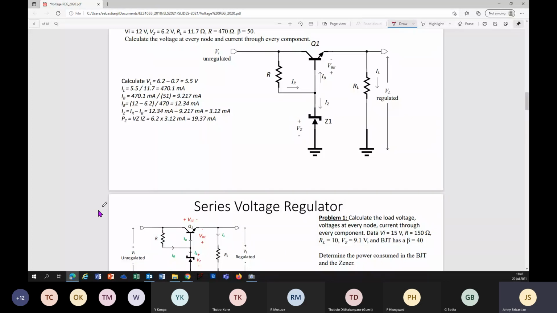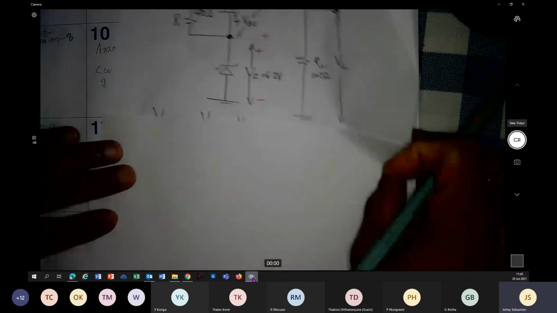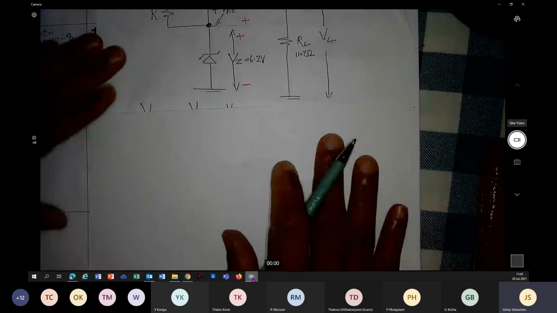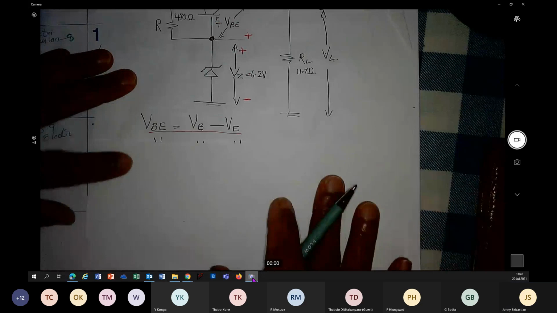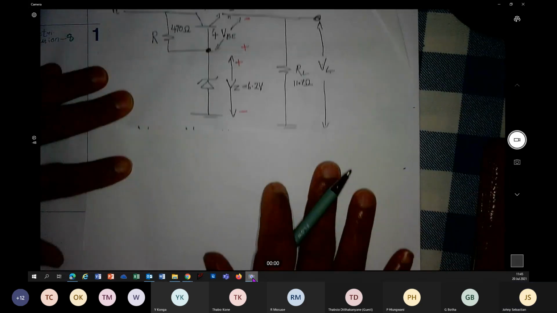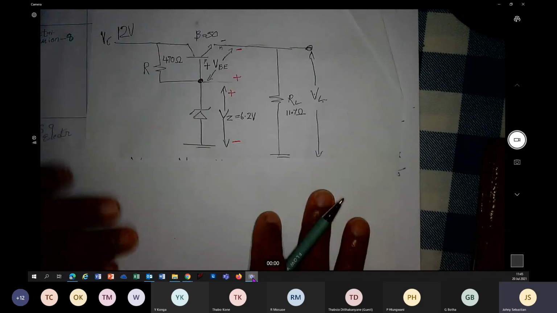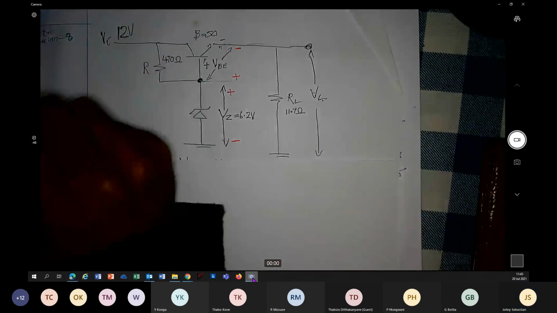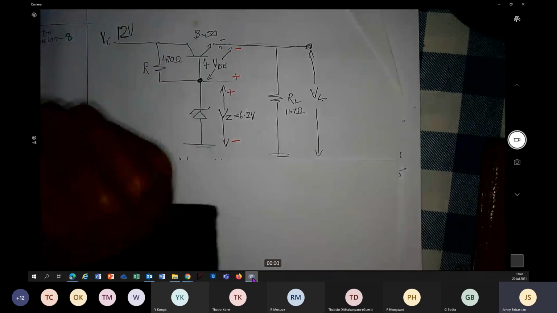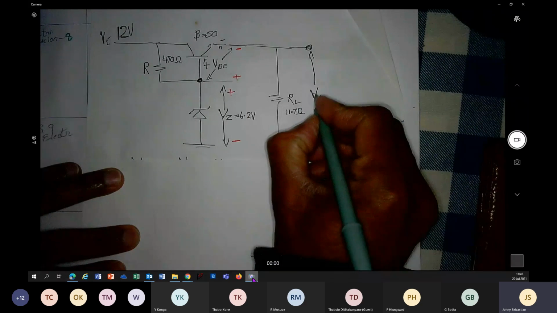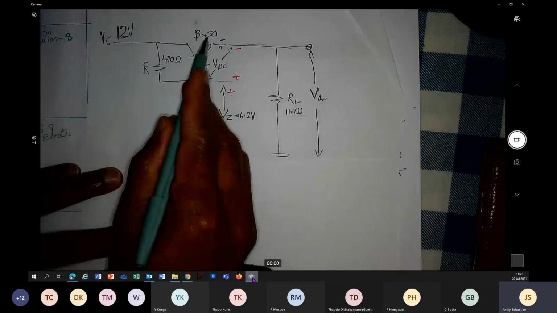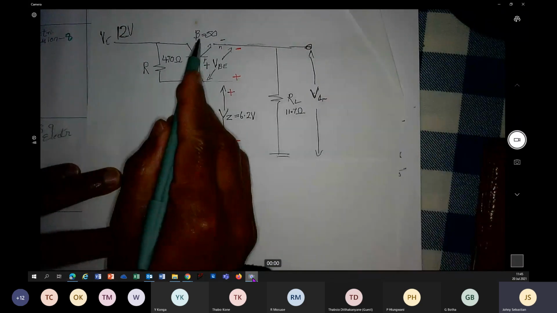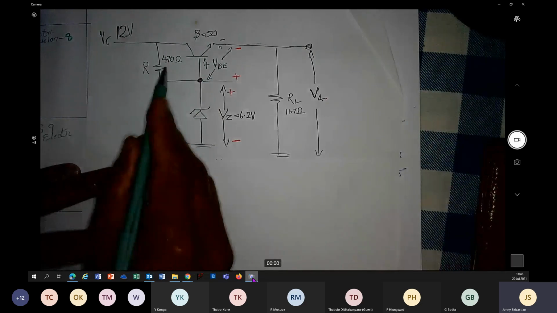Let's go back to the camera. This is the same diagram I am going to use. We have a 12 volt, that is your VI unregulated. VL regulated is the output. Beta for BJT is 50, R is 470 ohm.